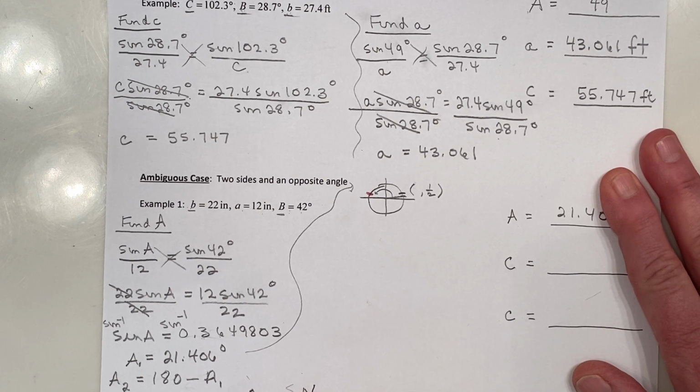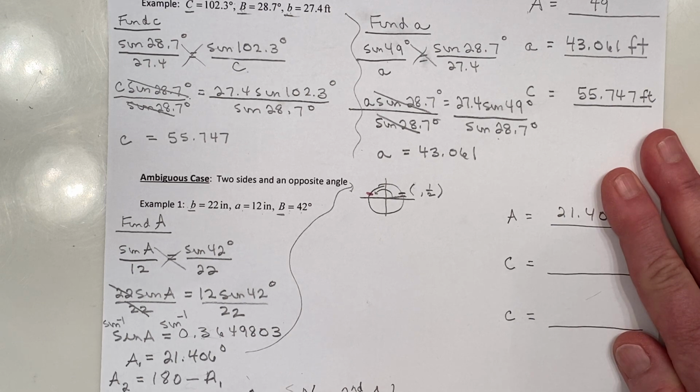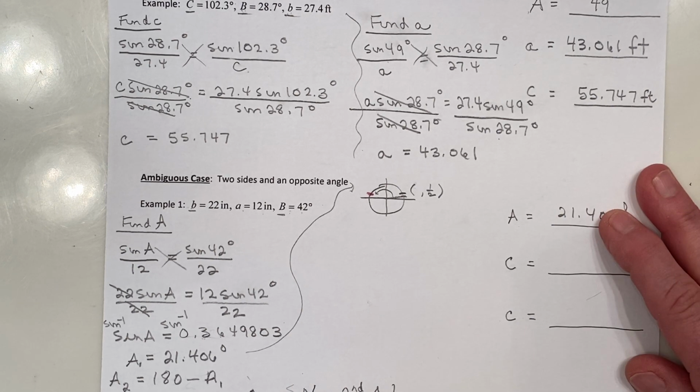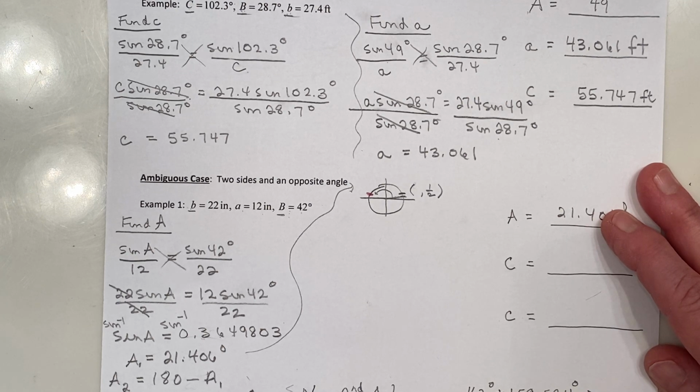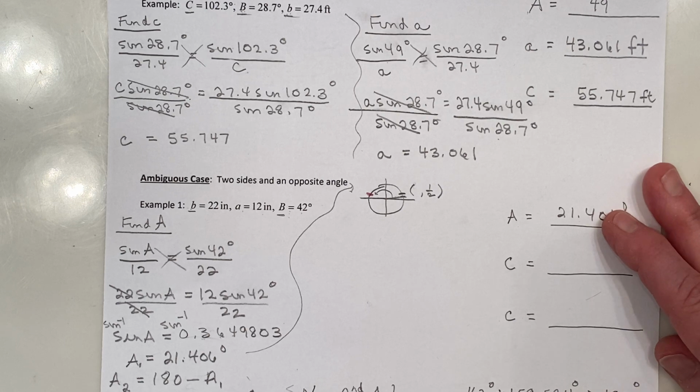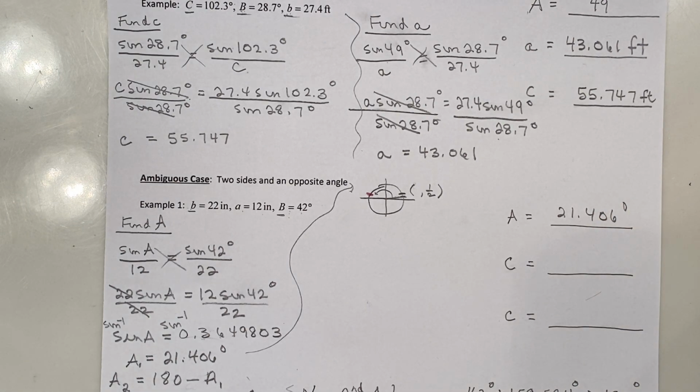Well, no. No second triangle, because 42 degrees, the given angle B, plus A subscript 2 is already greater than 180 degrees. And remember, the three angles in a triangle have to sum to 180 degrees, and if two of them are already more than 180 degrees, there's no room left for a third angle.